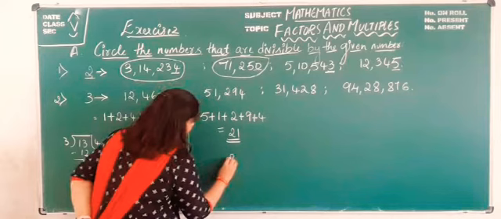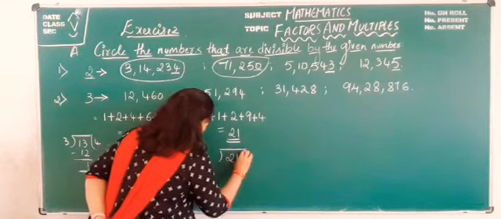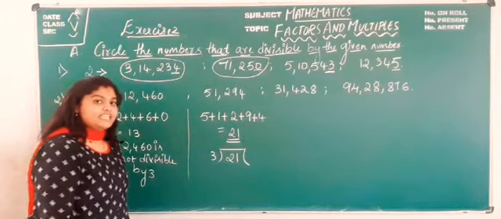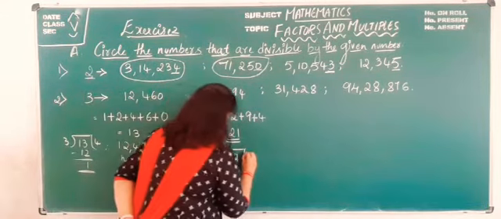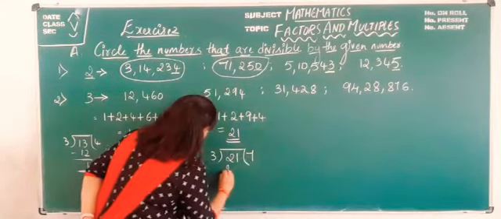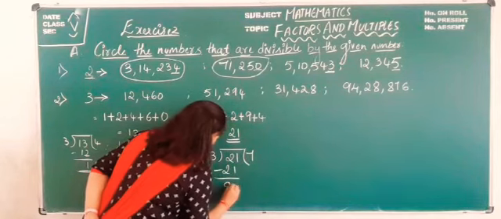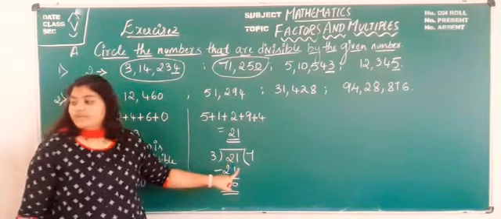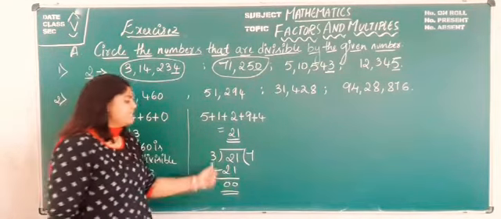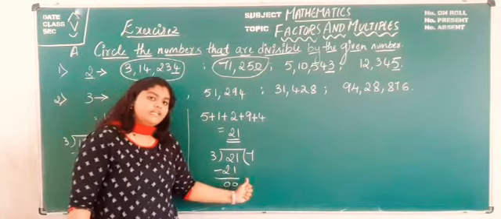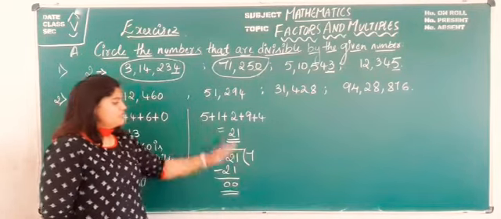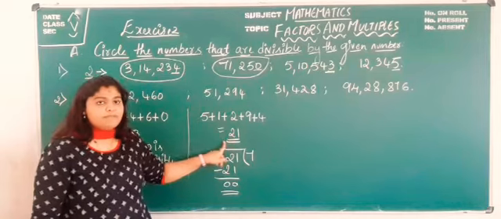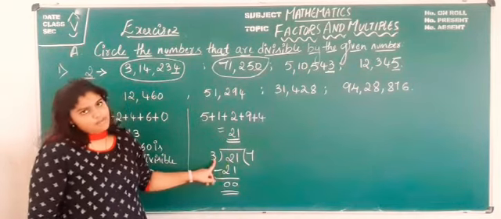We added all the digits in the given number and we got 21 as the sum, and this sum is divisible by 3.